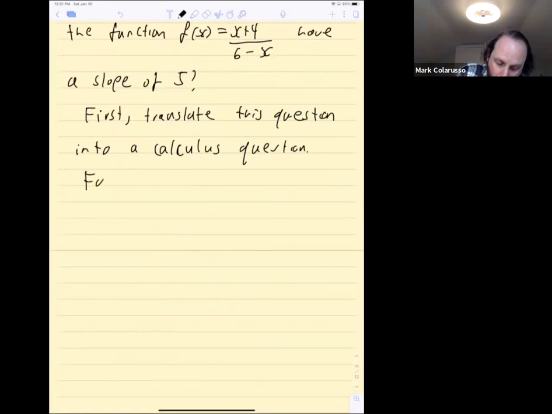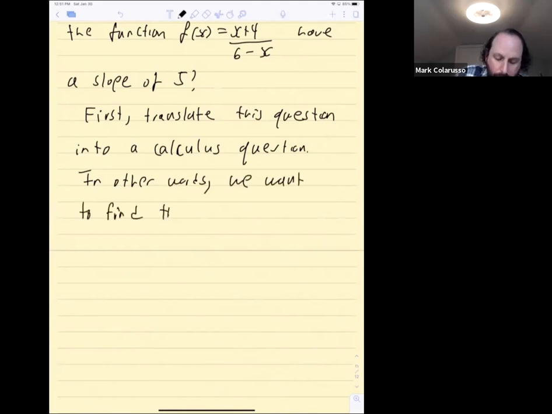So in other words, we want to find the values of x for which the derivative is equal to 5.